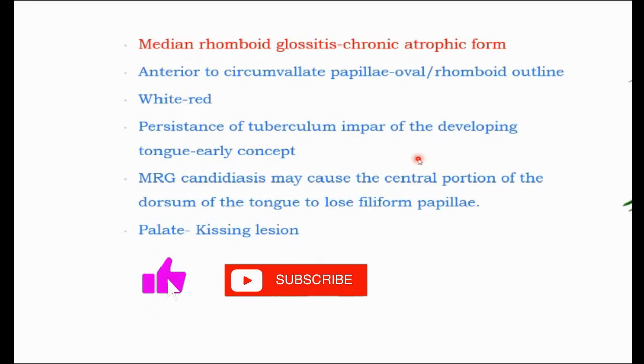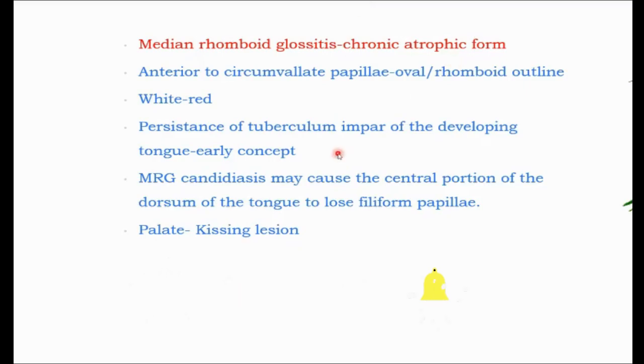That was the earlier concept, but now it is thought to be candidiasis. Okay, it is present anterior to the circumvallate papillae, and it is present as an oval or rhomboid area of white or red, based on whether there is erosion or just whitish growth.